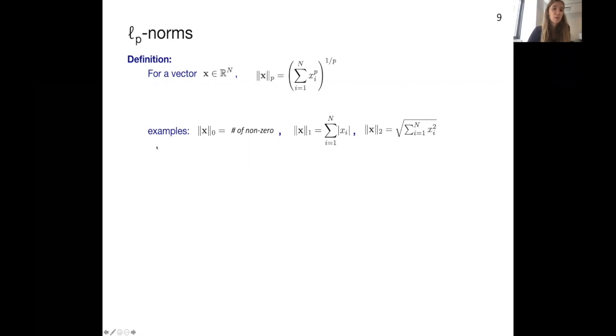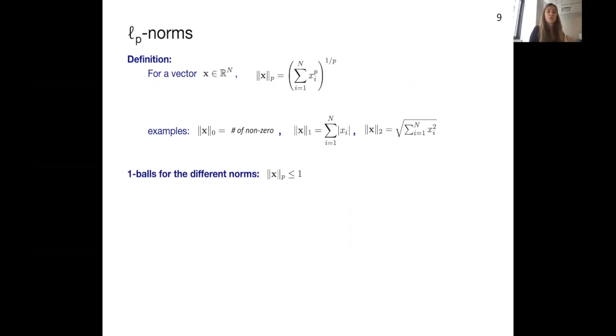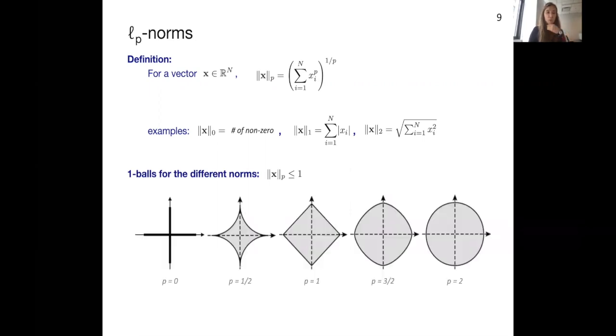The examples that we are maybe used to manipulating are the ones with low integer p's. So the zero norm is counting the number of non-zeros. The L1 norm is summing the modulus of the entries, and the L2 norm I don't even present anymore. Now if we think about the geometry of those norms, here I'm plotting the balls of radius 1 in those different norms.